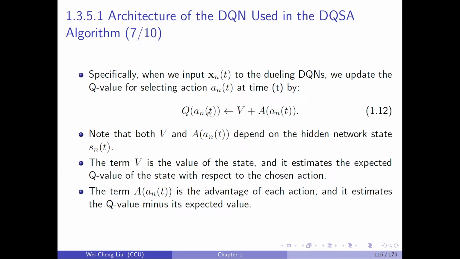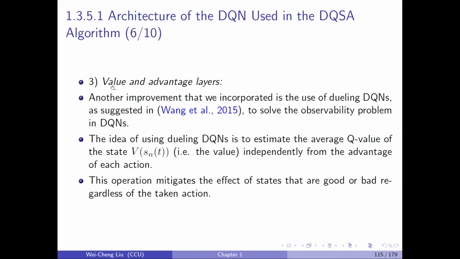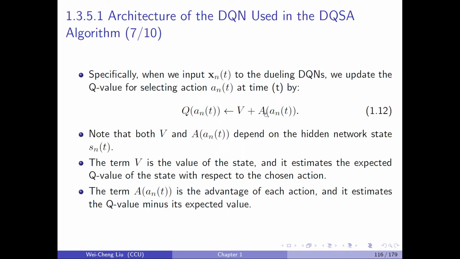This means the Q value of the selecting action An of t is V plus A of An of t, where V is the value and A is the advantage of An of t, and An of t is the selecting action. This left arrow means we assign this value to this variable.